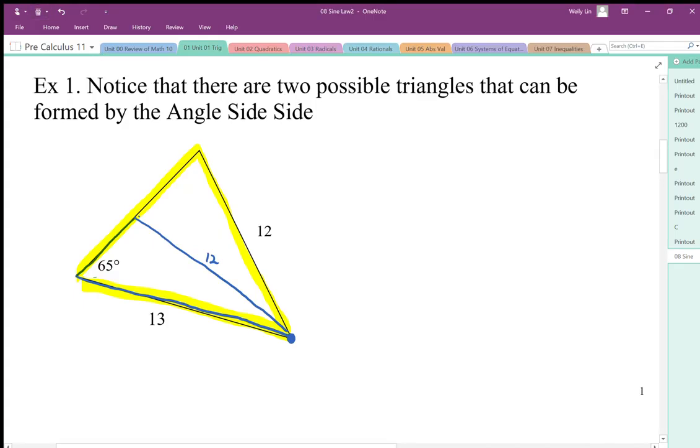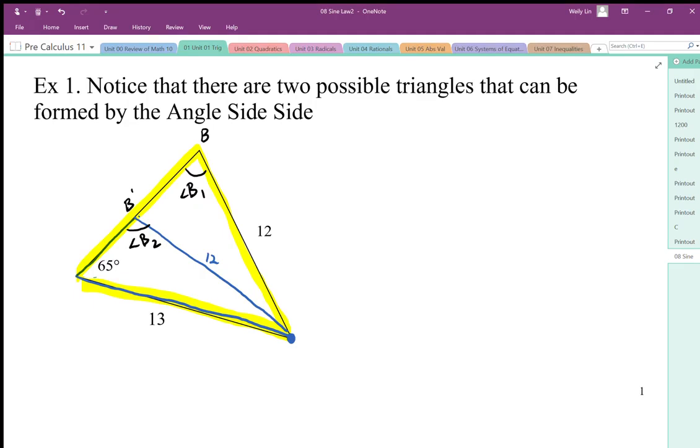If I label this B here, and we'll call this B prime, this angle here we'll call angle B1, and that's our acute angle, and the angle over here we'll call angle B2. Our calculator will always give us the acute angle, so it's going to give us this angle in here.